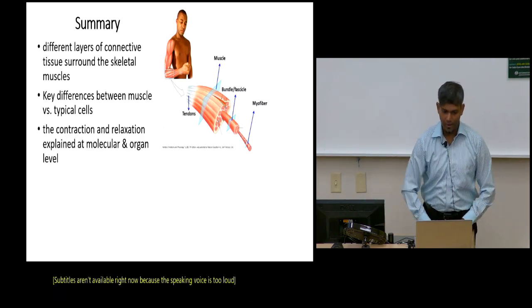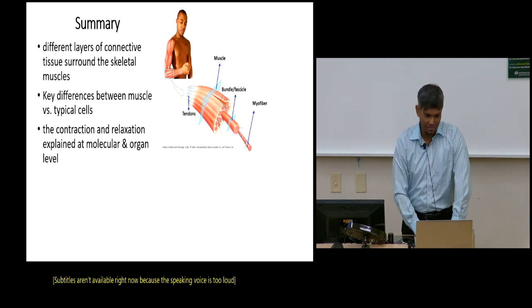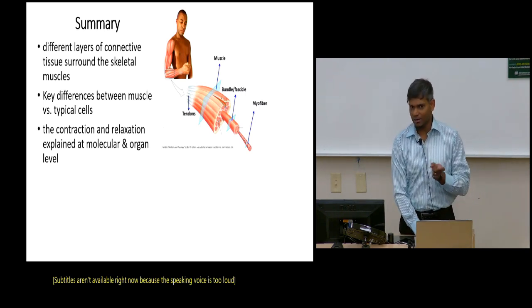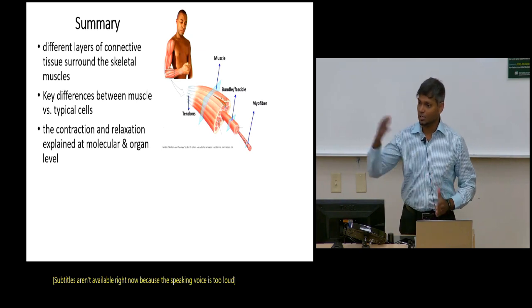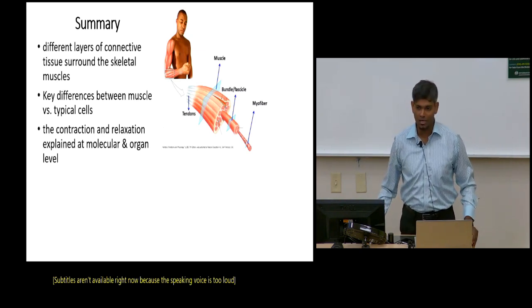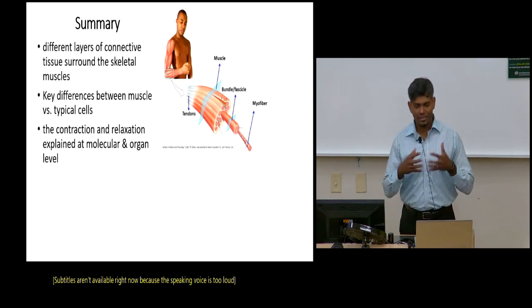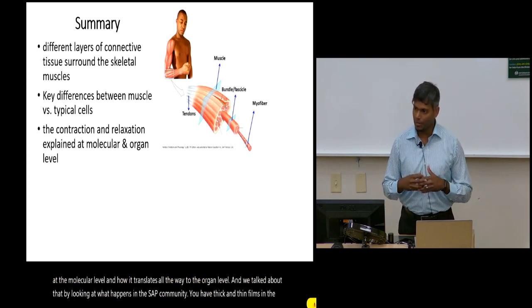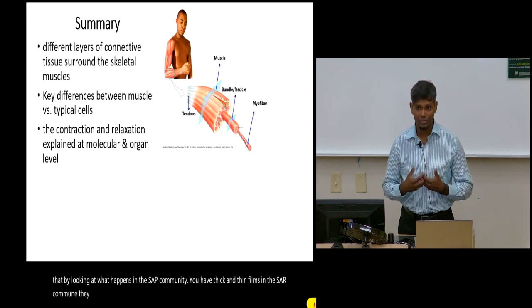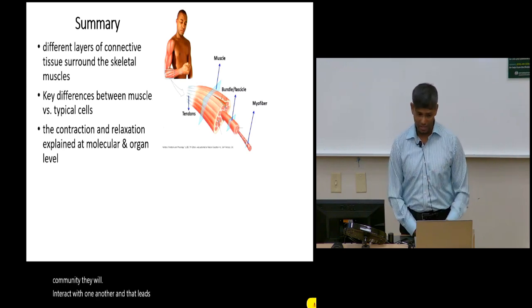And then we saw how contraction and relaxation takes place at the molecular level and how it translates all the way to the organ level. And we talked about that by looking at what happens in the sarcomere. You have thick and thin filaments in the sarcomere. They will interact with one another, and that leads to contraction.